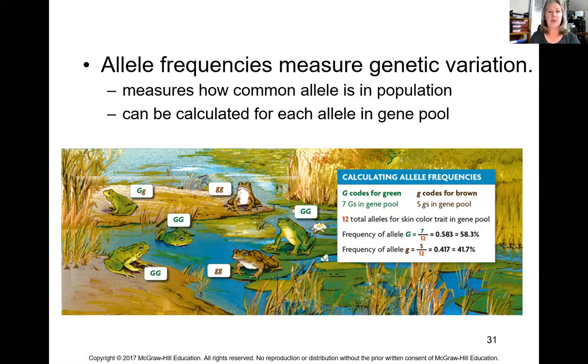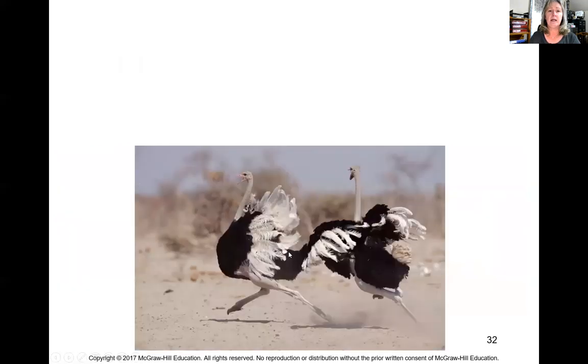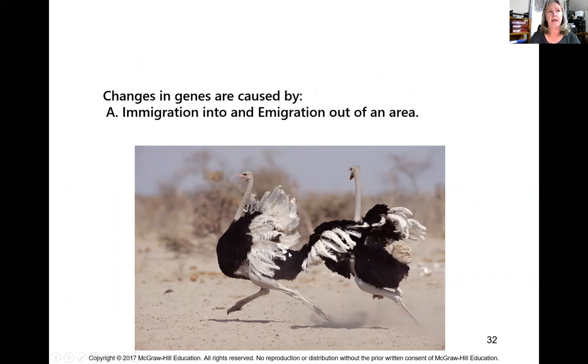And so a decrease in the number of the green frogs because of an environmental pressure would maybe make the gene frequencies change, because now this might become the dominant allele or trait. So keep that in mind, the environment really can impact the changes of the characteristics of a population.